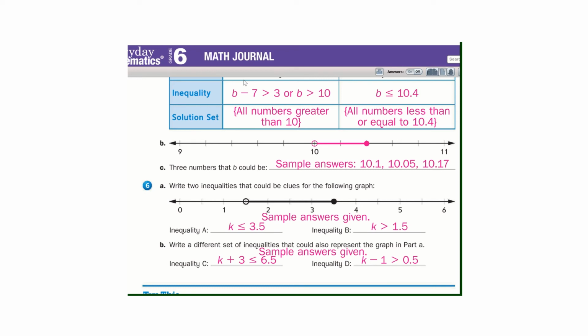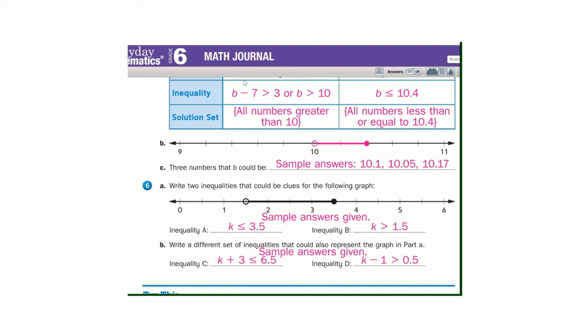So for inequality A, you could have said K is less than or equal to 3.5. And you could have said K is greater than 1.5. X, B, W, whatever variable you want to use. But it needs to be less than or equal to 3.5 and greater than 1.5. Letter B, write a different set of inequalities.